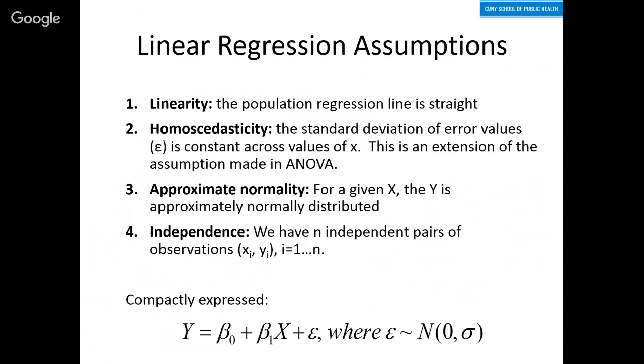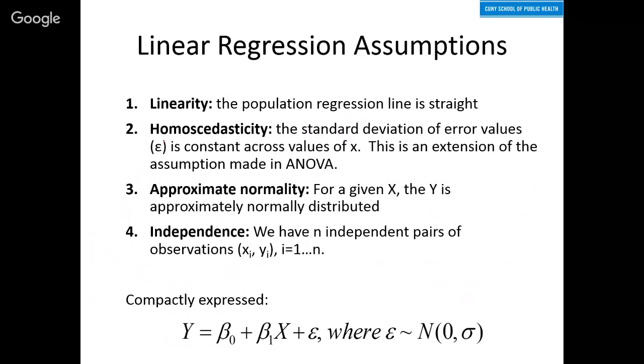But for a given x, y is normally distributed. Or another way of saying this is that the errors are normally distributed. You can imagine that if you take a bunch of errors and then you add some linear regression line to them, it might not any longer be normally distributed, but it's the error term that is normal.